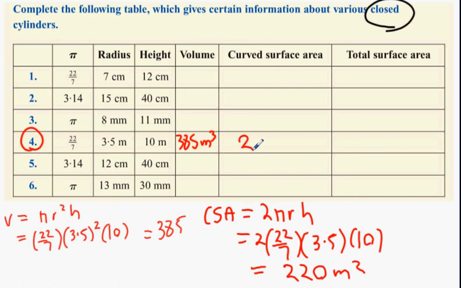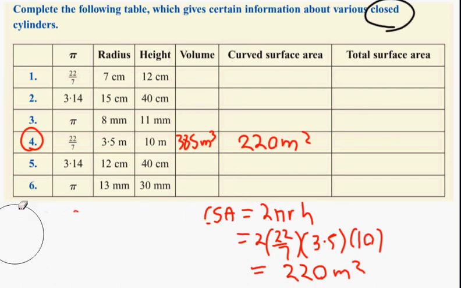Okay, now finally, what's the difference between curved surface area and total surface area? Curved surface area is the rectangle. What's left over? Two circles. Get one circle or two circles together, whichever one you want. So to find the total surface area, we're left with two circles.